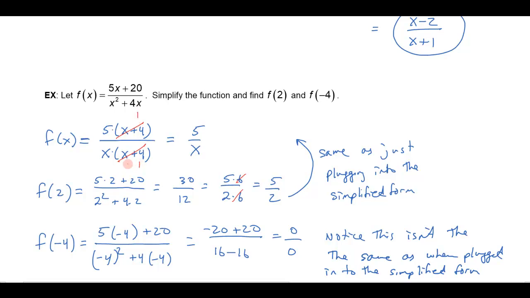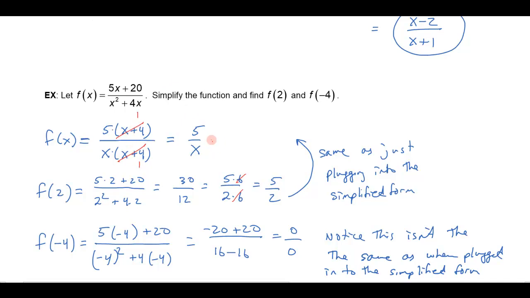And if x was, say, 12, if I plug in 12 to this up here, it's going to be the same as plugging in here, and I'd get a common factor of 16, and that 16 would cancel. But when I plug in negative 4, I get 0 over 0, and 0 over 0 does not equal 1. In the same way, 6 over 6 is 1, 16 over 16 is 1, but 0 over 0 does not equal 1.